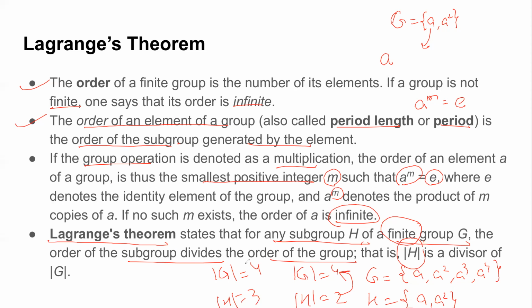Then it will not be a subgroup. It will not satisfy the subgroup property. Lagrange's theorem states that the order of any subgroup H will be a divisor of the order of the main group. Do you understand that? Yes, class, is this clear?